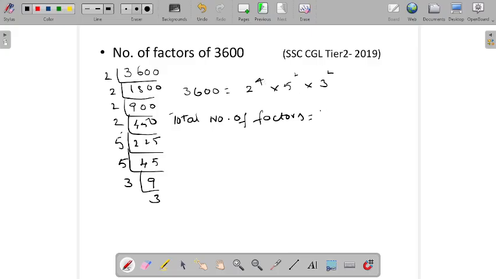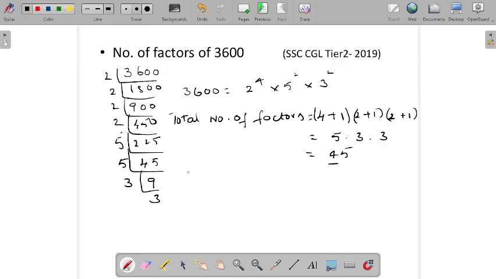Here 4 plus 1, into 2 plus 1, and 2 plus 1. The answer is 5 into 3 into 3. 5 threes are 15, 15 threes are 45. This is the answer. Let us find even factors also, and odd factors also.